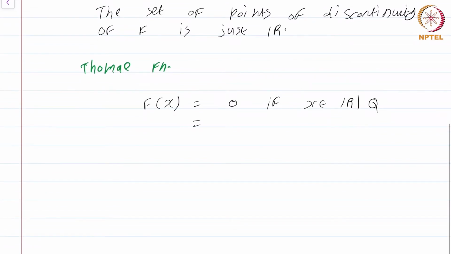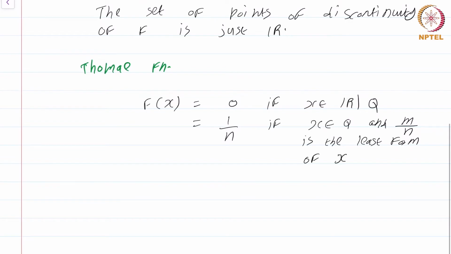Whereas it's equal to 1 by n if x is rational and m by n is the least form of x, with n greater than 0.